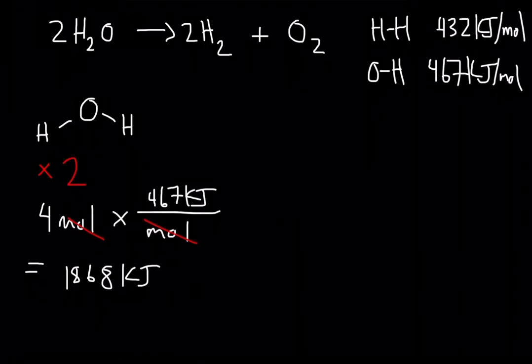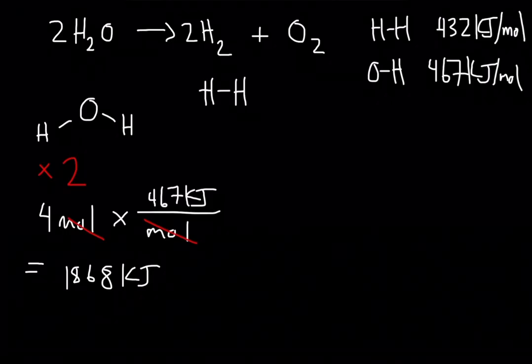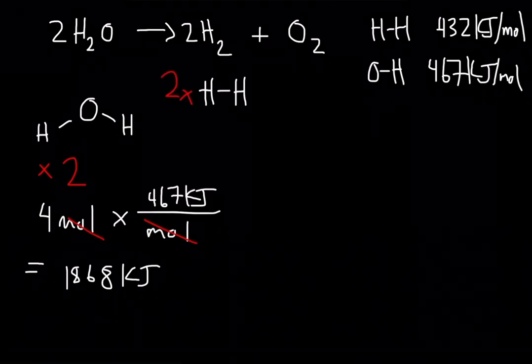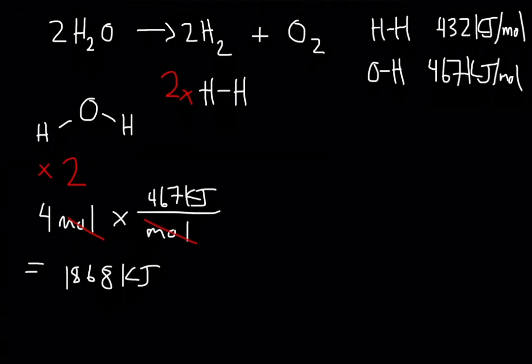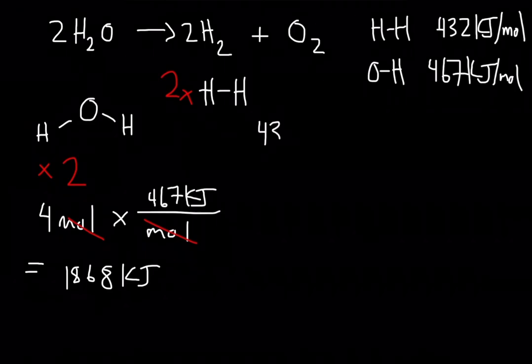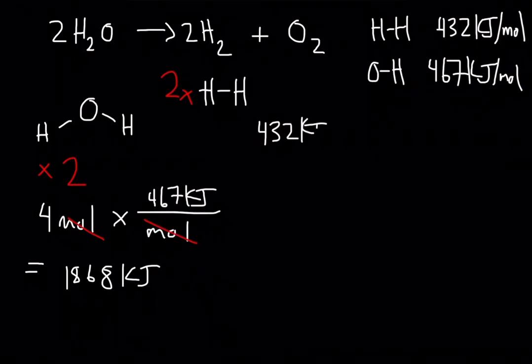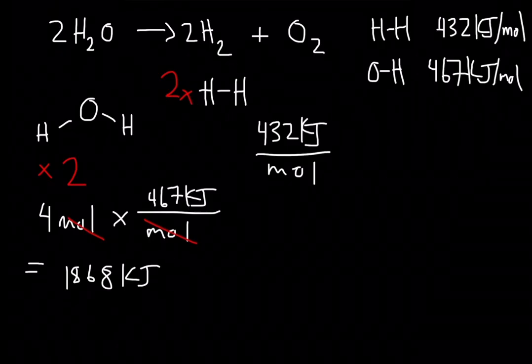Now for hydrogen, the bond energy is 432 as shown here. Hydrogen would look like this, and there are two of them. It takes 432 kilojoule per mole, so 432 kilojoule to break one of these.